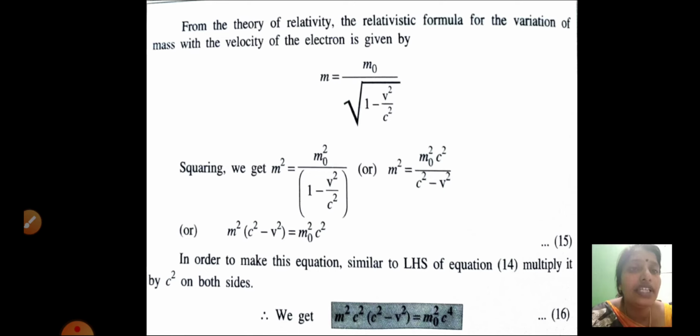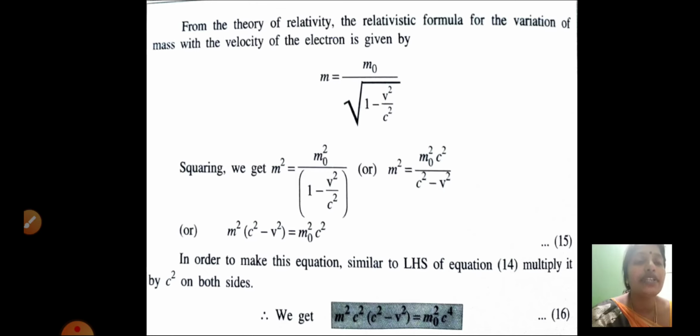Next, according to the general theory of relativity, the variation of mass: m is the mass at velocity v, c is the velocity of light, and m naught is the rest mass of the electron. The equation is m equal to m naught divided by root of 1 minus v squared by c squared. Squaring on both sides, m squared equal to m naught squared divided by 1 minus v squared by c squared.